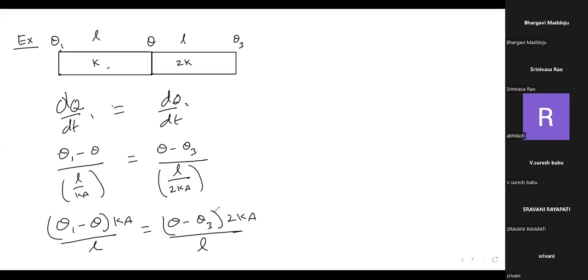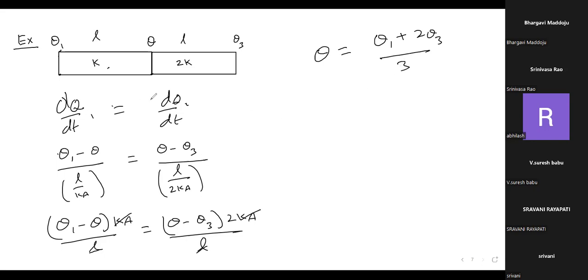After cancelling, Ka gets cancelled, L also cancels, so theta will be there. Now if you write theta on this side, then theta becomes theta1 plus 2 theta3 divided by 3.